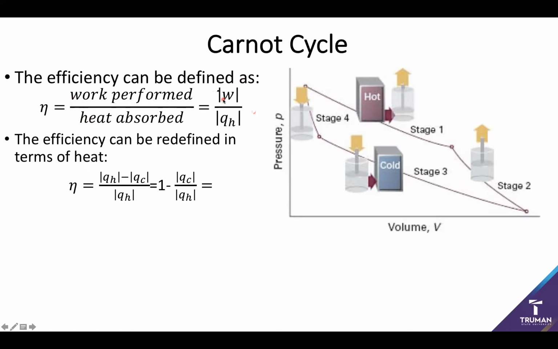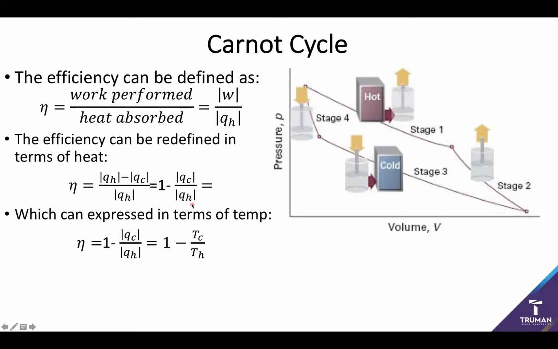What we can do is insert our expression that we just derived for the work accomplished by the system as the difference between the magnitudes of our two heats divided by the magnitude of the heat entering the system. So we'll notice that these two terms will end up canceling out to a value of 1, and then we are essentially just subtracting out the ratio of the heats.